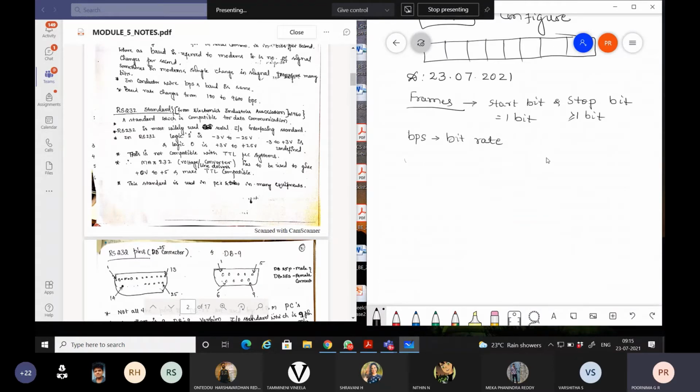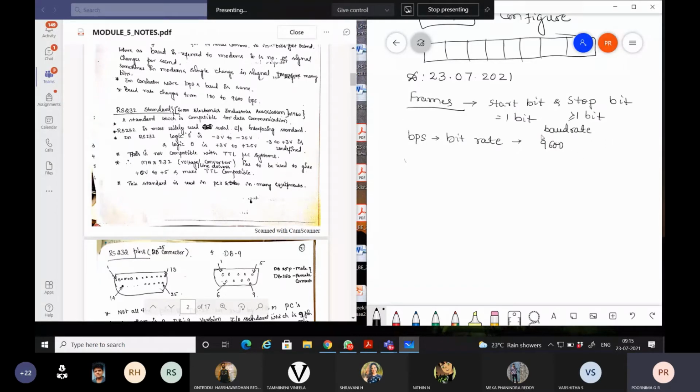The various bit rates which we will come across in any computing device include 9600. These are the bit rates or baud rates, you can say. The difference between baud rate and bit rate I distinguished in yesterday's class. Through the modem, when the same bit is transmitted, it is termed the baud rate.